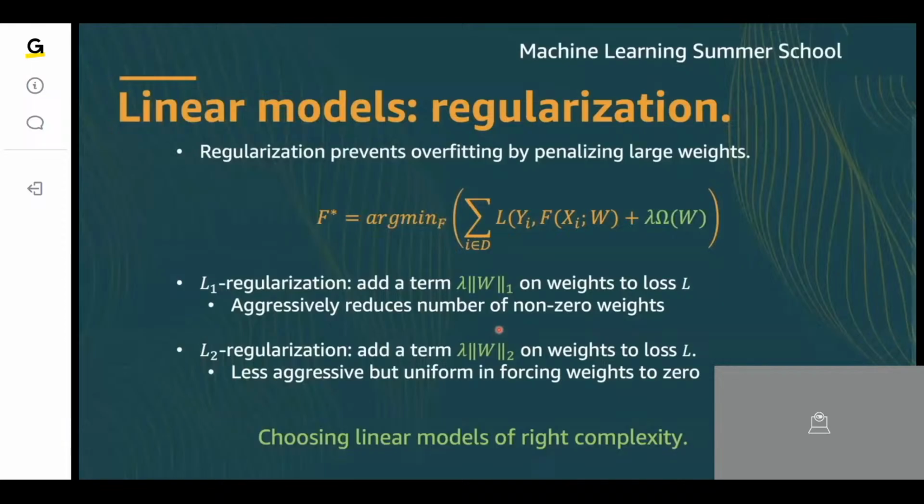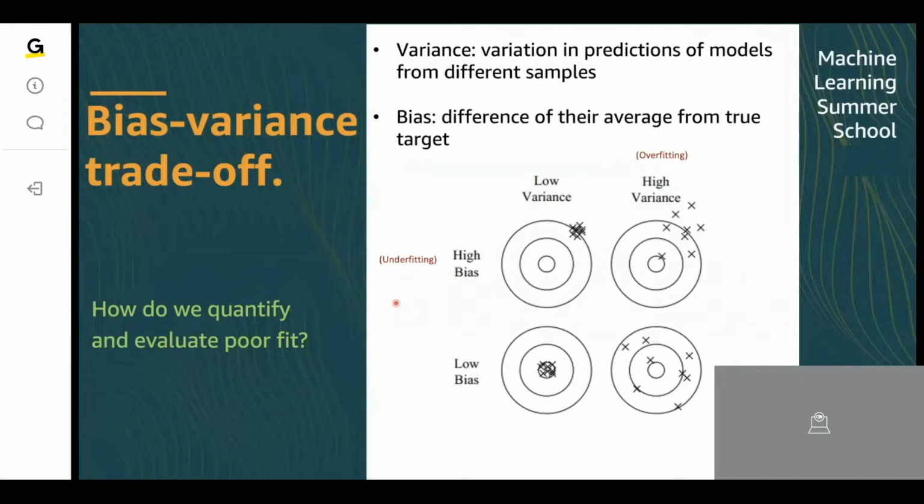And by choosing an appropriate lambda, you can ensure that your model has the right complexity. It's neither overfitting nor underfitting. So regularization is what you would use to ensure you're fitting right and not overfitting or underfitting.